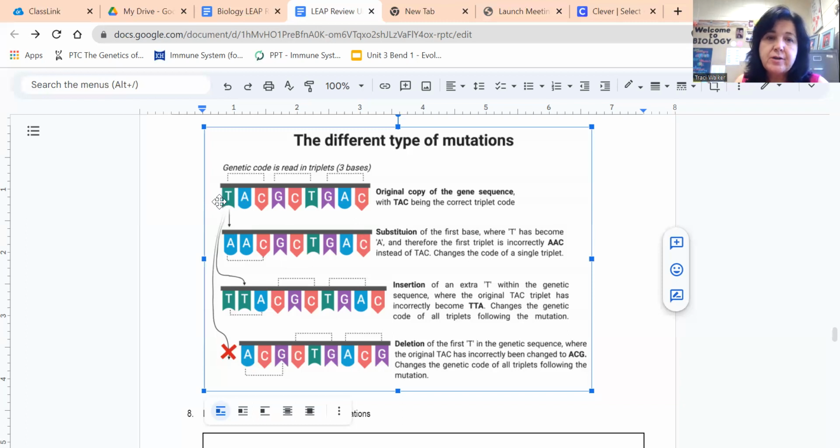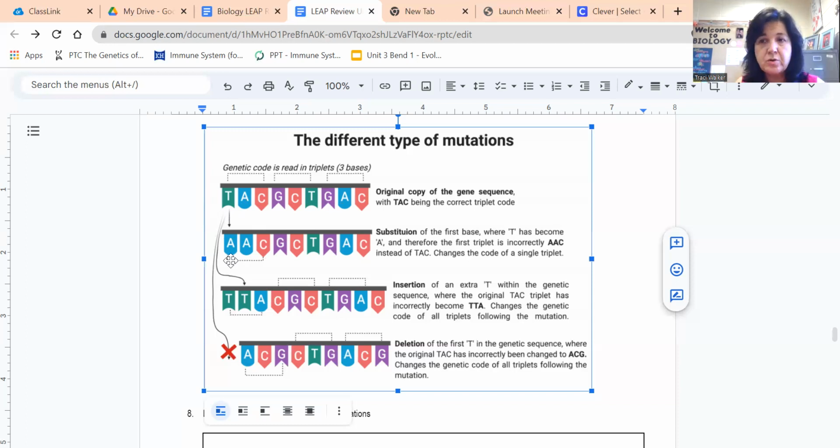So if you'll look here, we've got TAC, and instead of the T, we have an A put into place. So everything else is the same. You've got AC, GC, TG, AC, and you got the same thing, AC, GC, TG, AC. All the rest are the same, but instead of the T, we have an A. And so that's called a substitution.